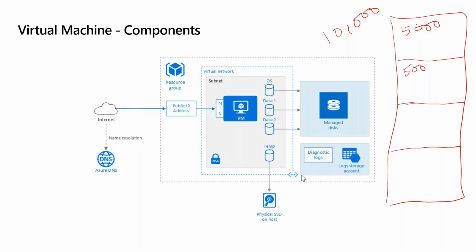So these are all subnets. It's just a section within your VNet. It's a segregation. That's it. Nothing special. VNet is a larger one. Within that, you are creating compartments.